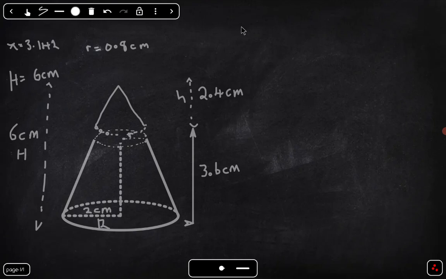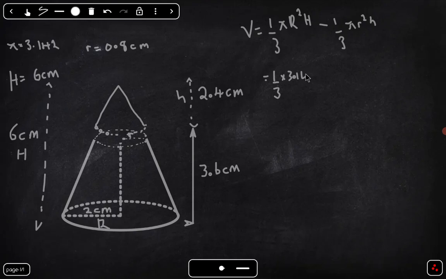So the volume of the frustum is going to be: the volume of a cone is 1/3 pi, so we say the bigger radius R squared H, minus 1/3 pi small r squared h.